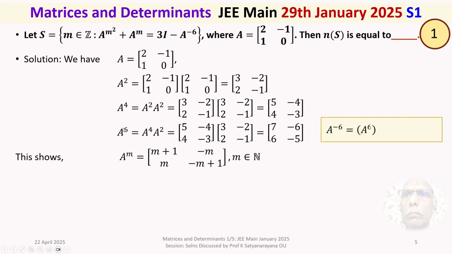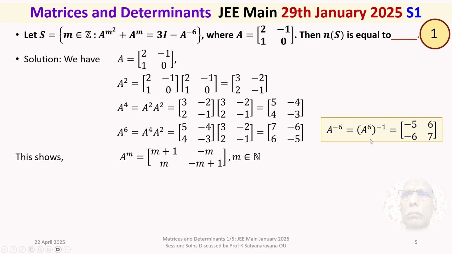Now go to A power 6, and it is non-singular because the determinant is not 0. So its inverse exists. So A power minus 6 is the inverse of A power 6, and that will be minus 5, 6, minus 6, 7. You know how to get the inverse of a 2 by 2 matrix A, B, C, D. So what are we trying to say?